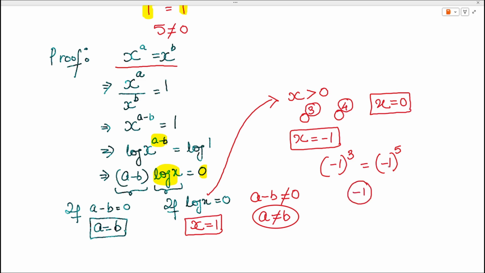Just because both are -1 and the bases are the same, can we equate these exponents together? Definitely not. 3 is not equal to 5. So this equation does not hold true when x is equal to 1, when x is equal to 0, and when x is equal to -1.